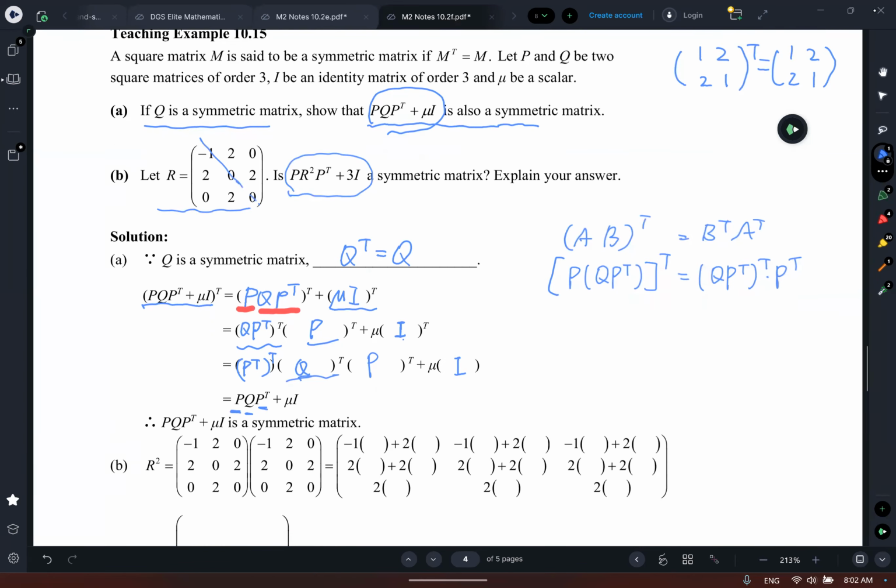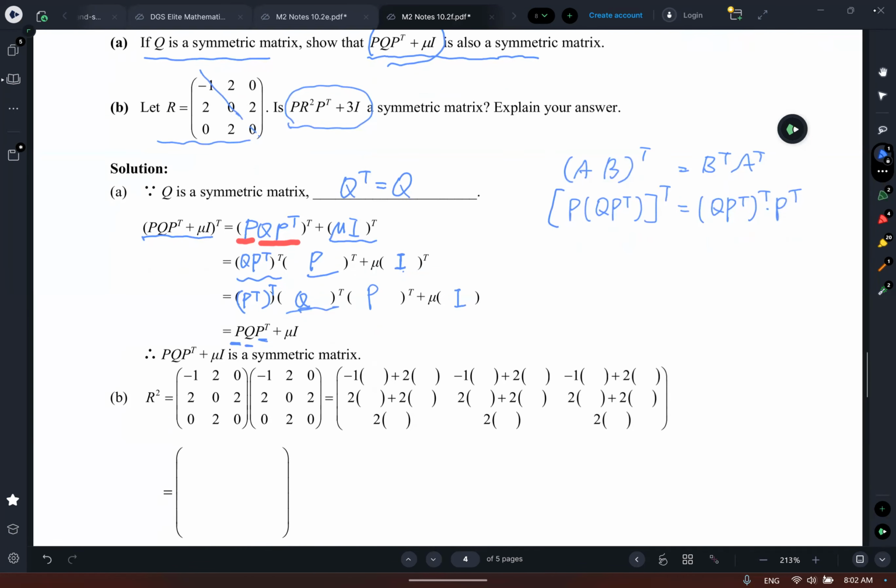Now R squared, I'm not going to find a shortcut or anything. I'm just going to find R squared. This is a real multiplication, so I'm going to do it very quickly. So this is -1 times -1, 2 times 2, and the last one is 0, so I don't write it. So 2 times -1, and then 2 times 0.